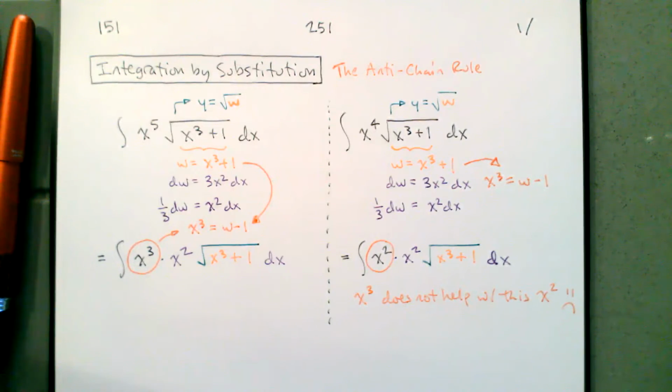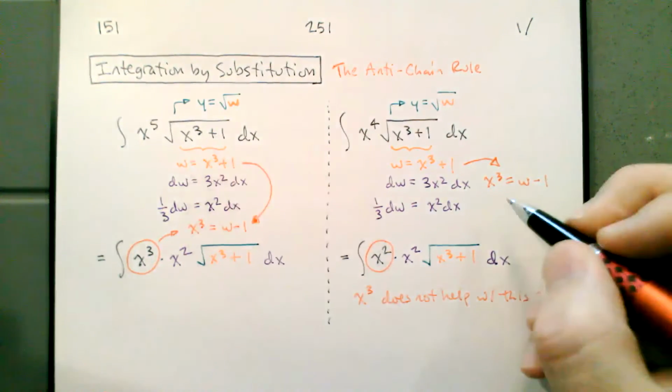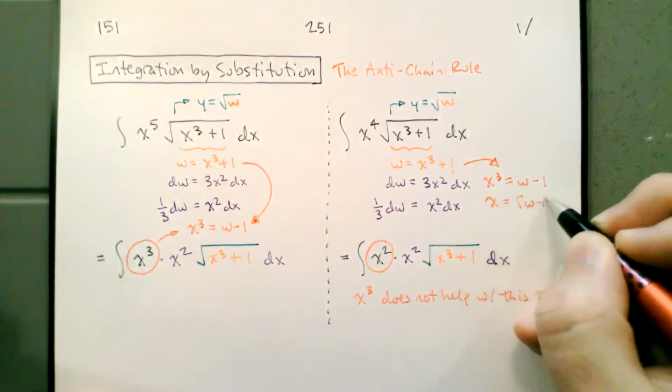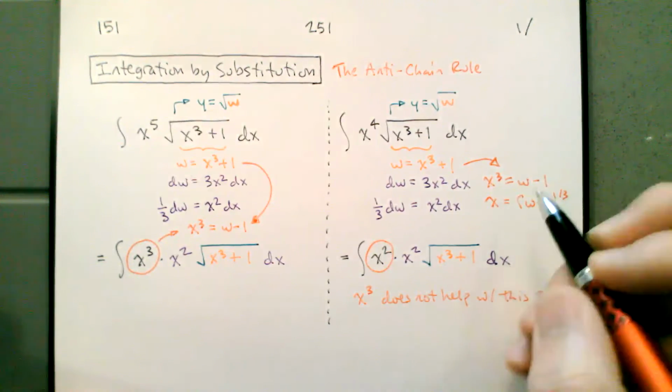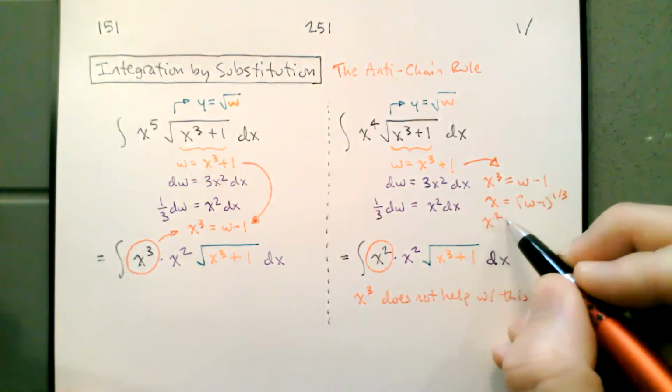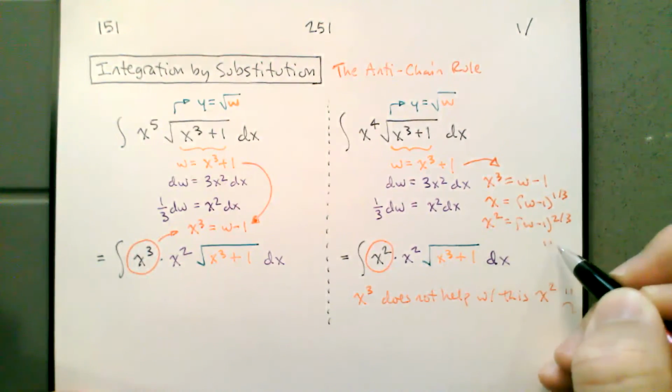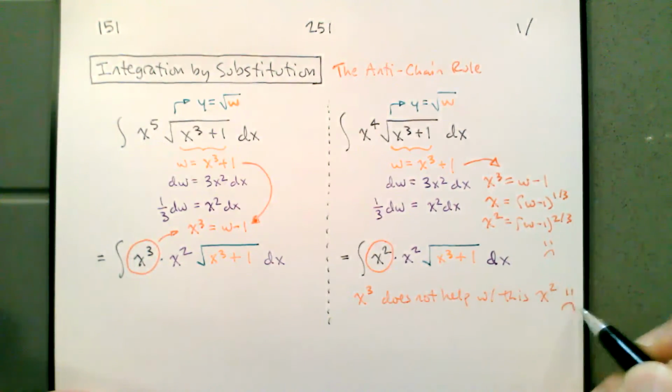So this means we could write x squared as w minus 1 to the 2/3 power, and that's just causing more problems. I still have 2 terms inside of a radical. So even though I've replaced my square root of 2 terms, I've introduced a cube root of 2 terms. So I can solve x cubed equals w minus 1 for x, and then raise both sides to the 2nd power. And that's not helping us.